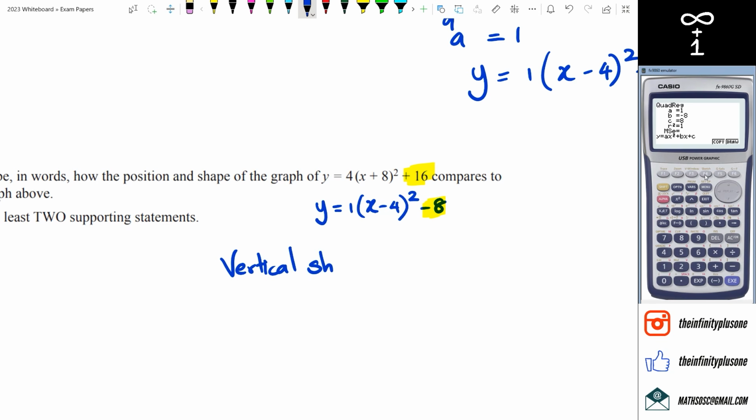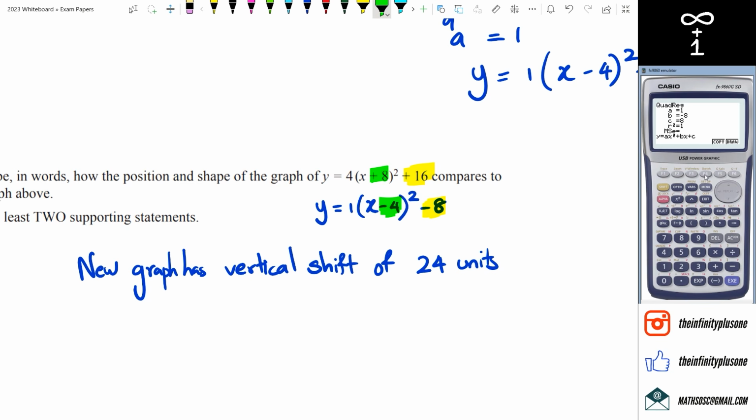sentence that's something like: new graph has vertical shift of 24 units. Then we can have a look at the horizontal shift, because that's plus 8 and minus 4. So we could actually say new graph has horizontal shift.